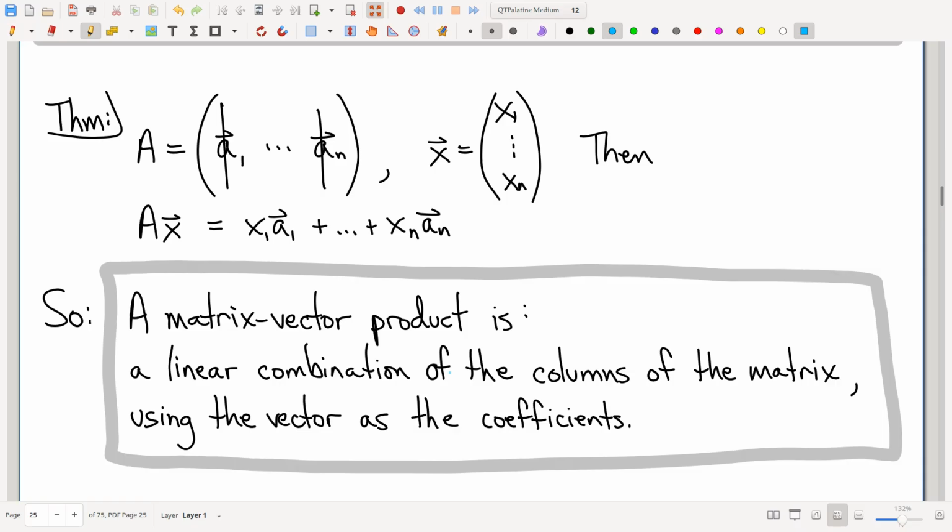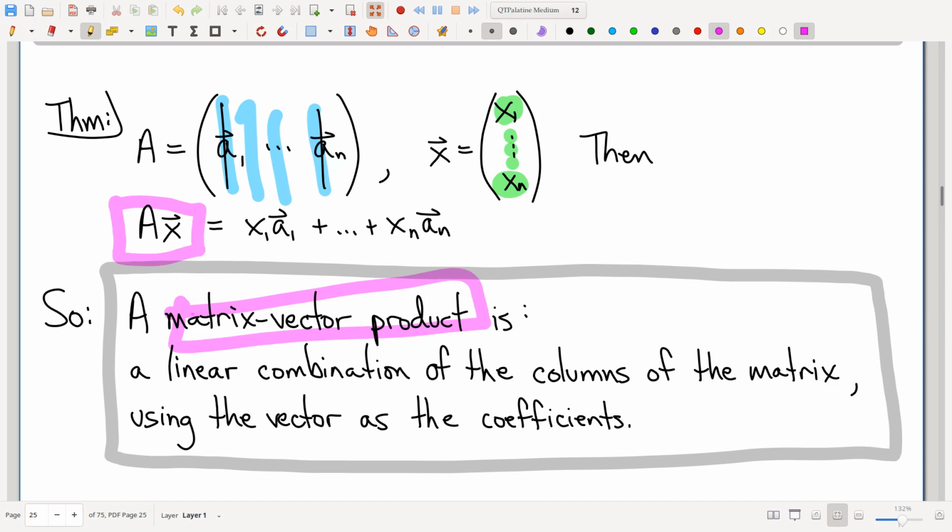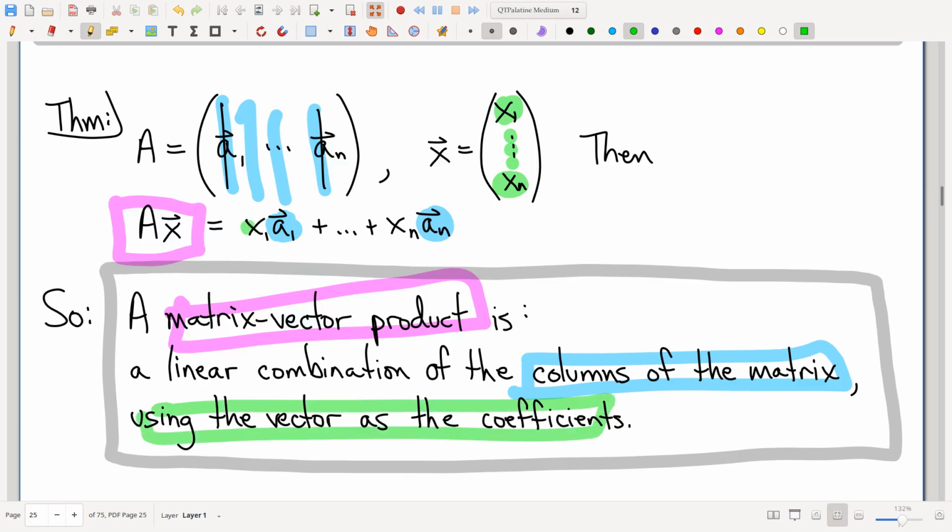So it is in fact the case that if you know the columns of your matrix and you want to multiply that matrix times a vector where you know the coordinates of that vector, then the matrix vector product is a linear combination of the columns, and specifically it's a linear combination where you use the vector itself to make your coefficients in that linear combination.